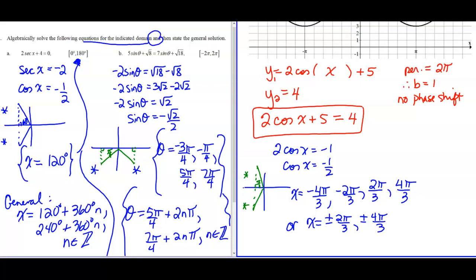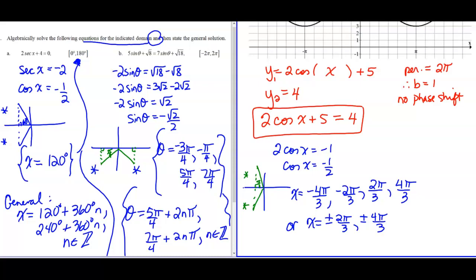Now working backwards, write a trig equation that has the solution theta equals n pi over 3, where n is an integer. Okay, so think about how we've gone through this. Now we're given the answers. We've got to go back up to a trig equation. So what did we do in between there? We went from that unit circle to these.